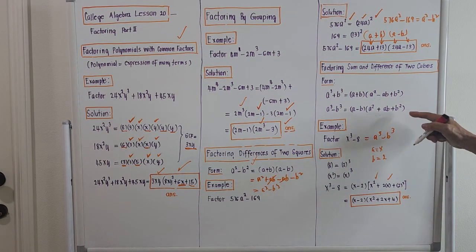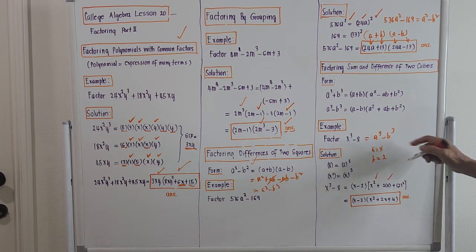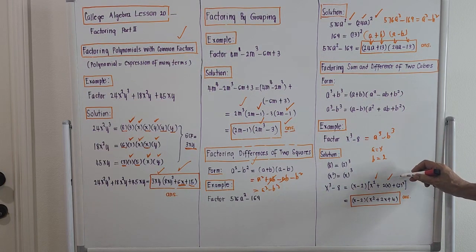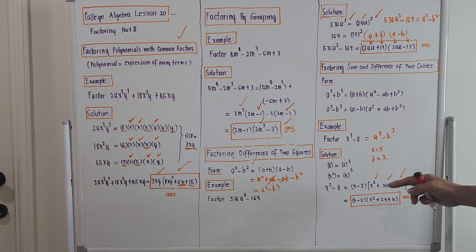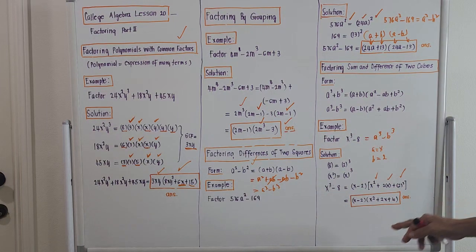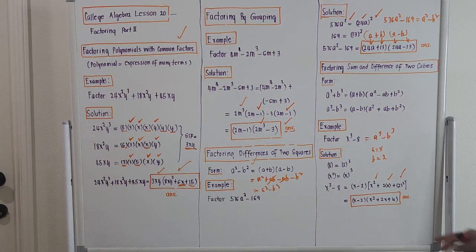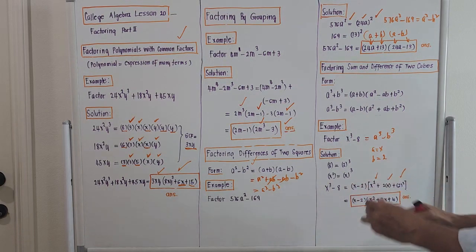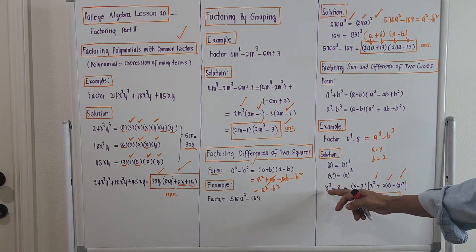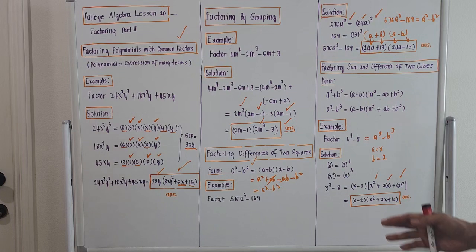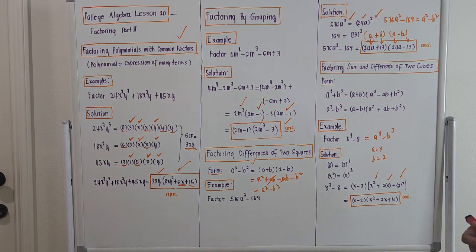And the last part is the square of the value of b, and the value of b is actually 2. So the factor of x cubed minus 8 can be written as the product of x minus 2 times the quantity x squared plus 2x plus 4. If you try to expand this one, some middle terms will cancel out, and what will come out will be simply x cubed minus 8. Okay, that's our final answer.